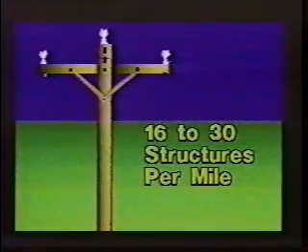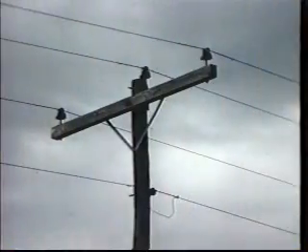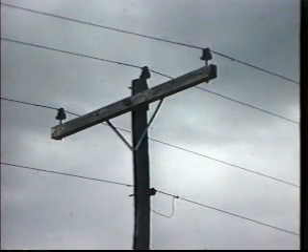Even the number of pole structures is not uniform, but will normally range between 16 to 30 structures per line mile. This presentation will acquaint the relative newcomer to the electric utility industry with sub-assemblies typically found in overhead distribution lines.